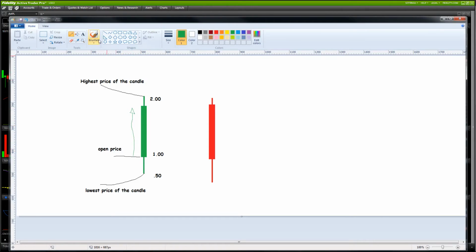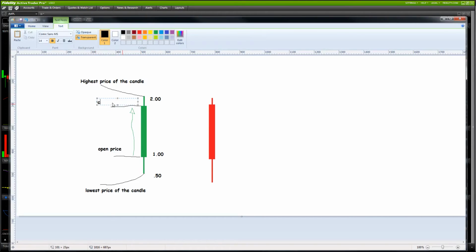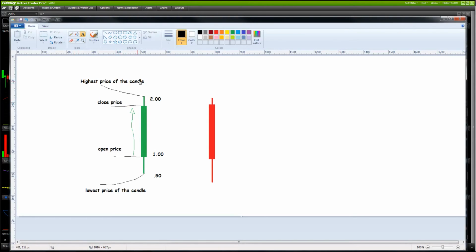Okay, and we have here up at the top the other end of our body, and this is going to represent the close price. So now looking at a green candle, we know that the lowest price of that 15 minutes is 50 cents.